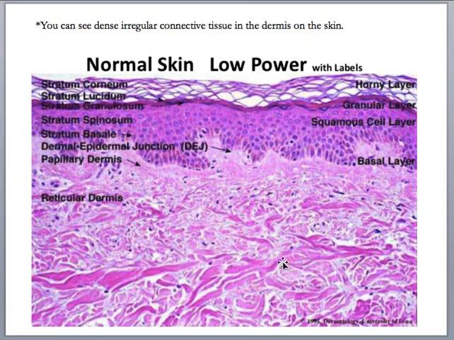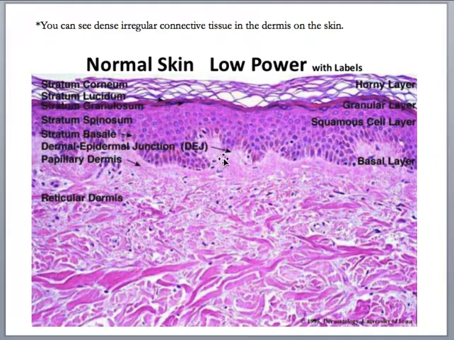This is also highly vascularized. So remember, connective tissue is vascularized. Epithelium is not vascularized, right? Epithelium will actually require obtaining nutrients through diffusion from the connective tissue that's below because connective tissue is vascularized. So you'll also see lots of blood vessels and stuff running through here too, okay?